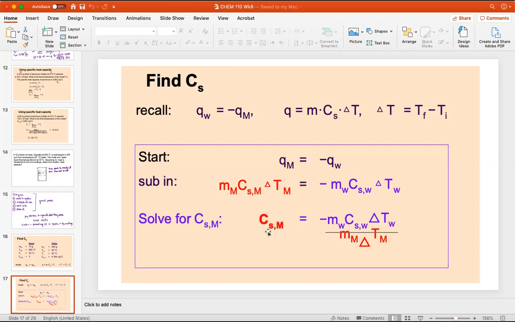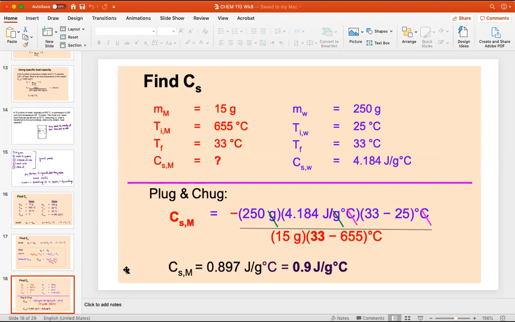That allows me to isolate the specific heat of the metal. So then if I think about what I substitute in and solve, I'm taking each of my givens from the problem, substituting in, and you'll notice that your units cancel. That's really important and valuable because that allows us to isolate our specific heat capacity units, which are joules per gram degree Celsius.